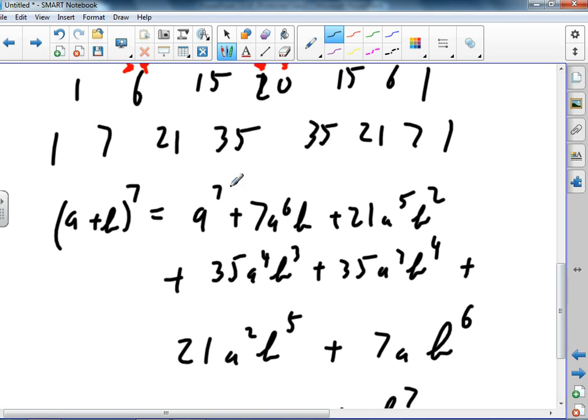And going across there, the exponents add up to 7. 6 and 1 is 7. 5 and 2 is 7. 4 and 3 is 7. 3 and 4 is 7. 2 and 5 is 7. 1 and 6 is 7. So my exponents stay the same, and I can come all the way down.